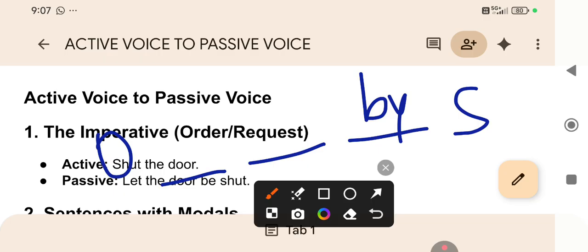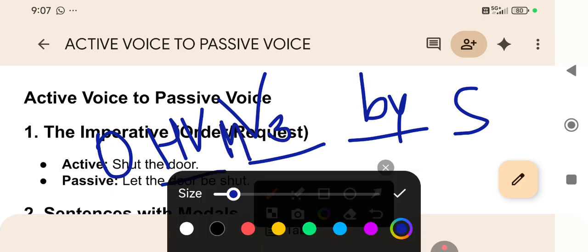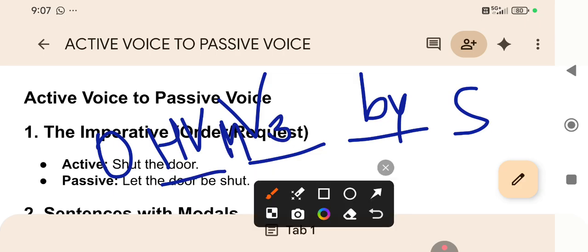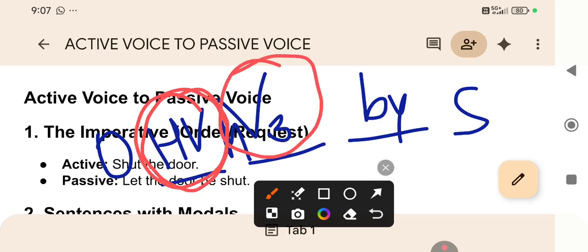So I tell you the second rule: helping verb. And the third rule means the third form of the main verb. These are the golden rules. Please keep in mind, you have to use a helping verb, followed by the third form of the main verb, which is also called past participle.